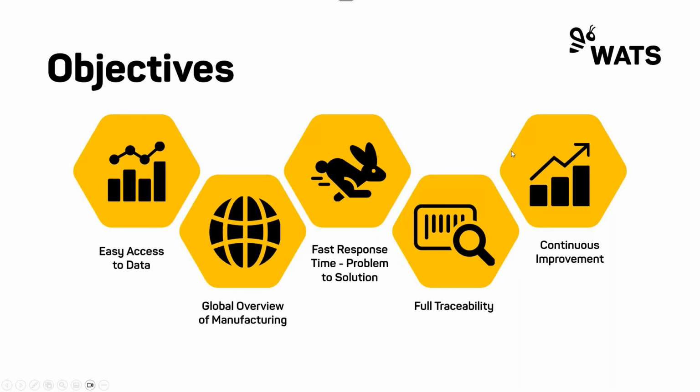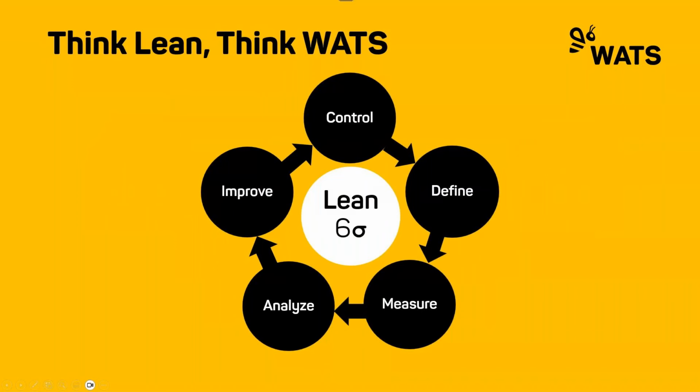Just lastly, really quickly, before we dive into the live demonstration, I think it's worth mentioning that WATS fits well within the Lean Six Sigma methodology. Just a few examples when it comes to defining, describing the problem based on the test data you see in WATS, whether that is poor yield or repairs or product quality. When it comes to measure, the measurements are already in WATS with the test reports, right?